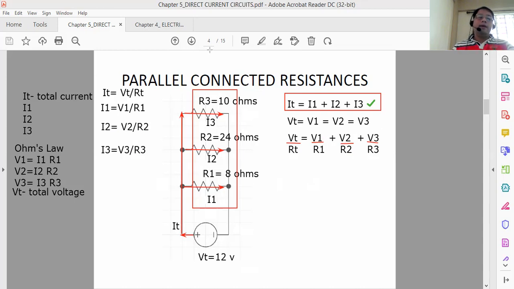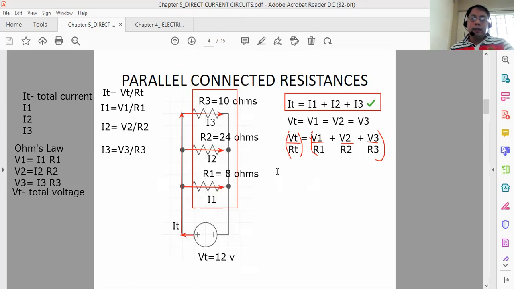And in algebra, in your math, when variables are the same, you can actually factor it out. So if they're all equal, question: what common variable can we extract out of them? Of course, if VT is representing V1, V2, and V3, then we can simply get it out.